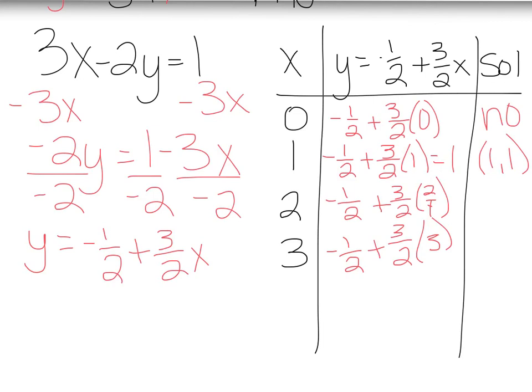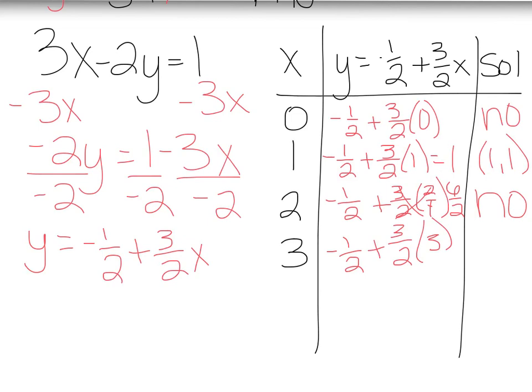Okay, number 2. When I multiply 3/2 by 2, I get 6 over 2, which is 3. Is negative 1/2 plus 3 going to give me a whole number solution? No. So 2 doesn't work.